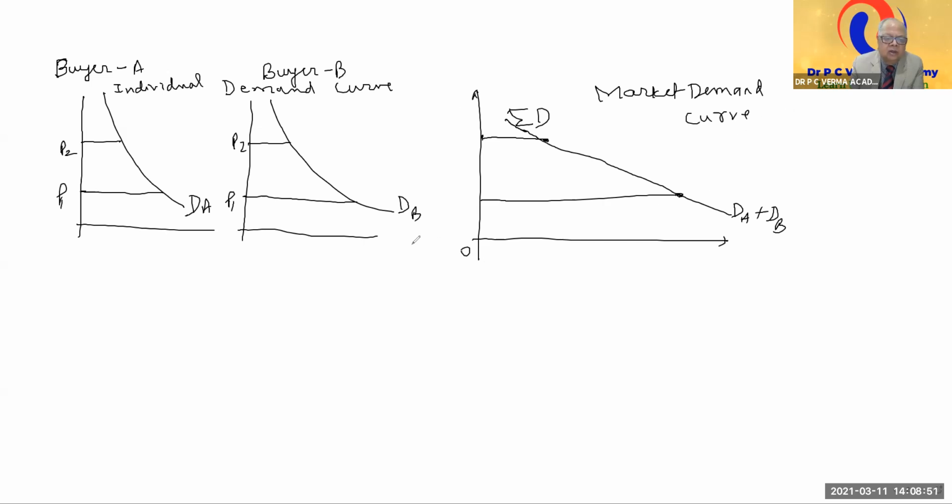This is market demand curve. This is lateral summation. Demand for A, demand for B, aggregate market demand.